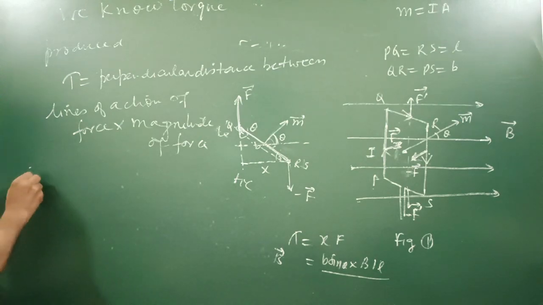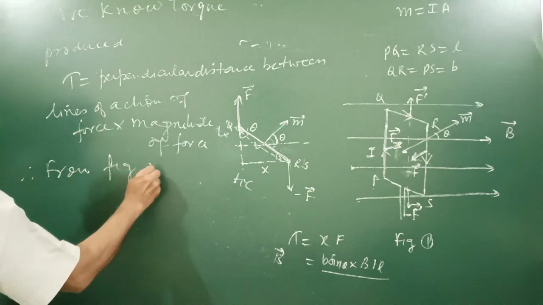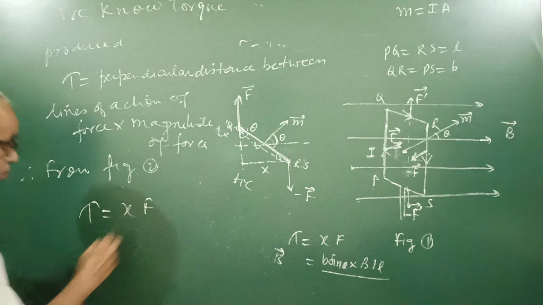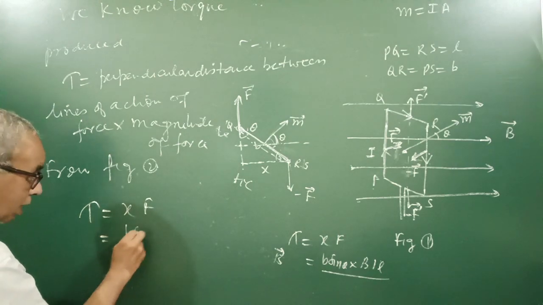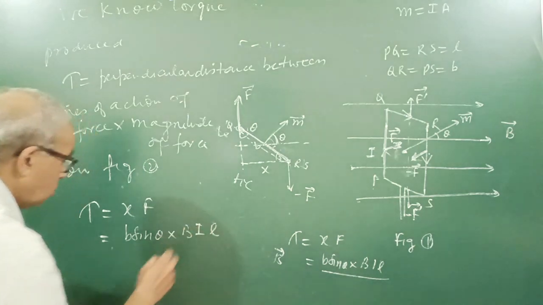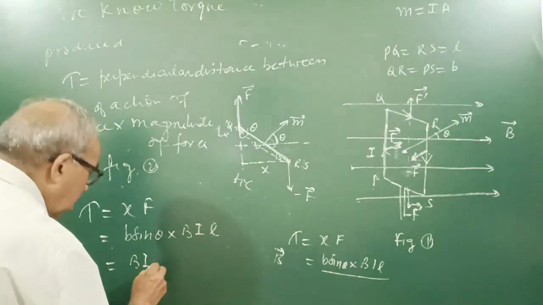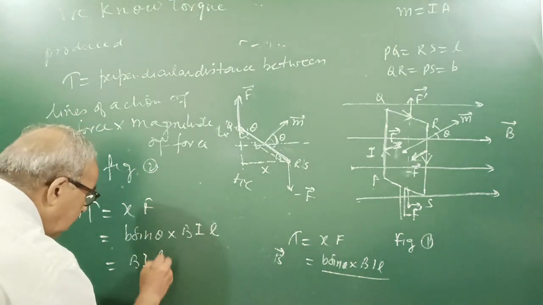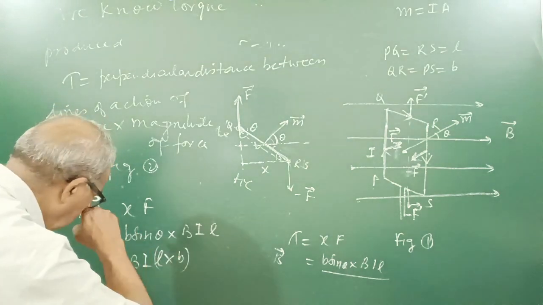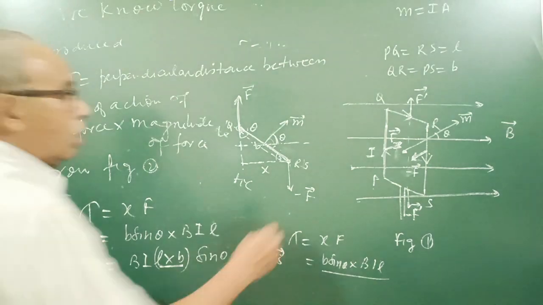hence from figure 2, torque is equal to x into F, that is, b sin theta into BIL, into B into sin theta.